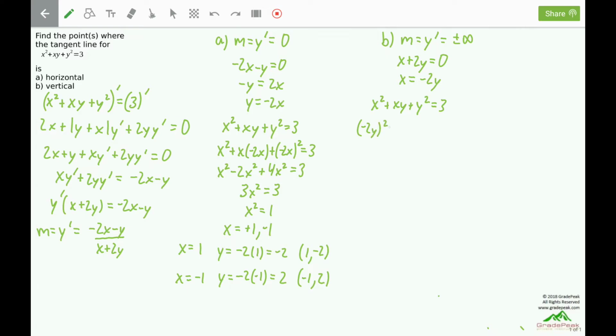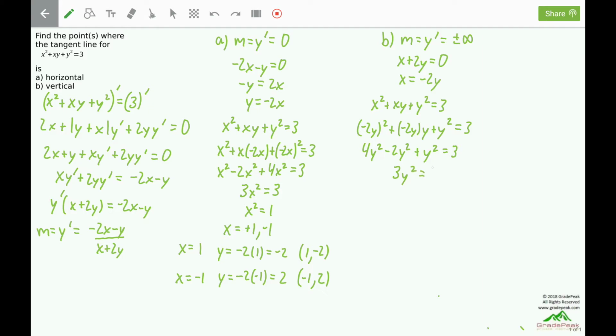Negative 2y squared plus negative 2y times y plus y squared equals 3. Negative 2 squared is a 4, y squared. A negative 2y times a y is a negative 2y squared. And then plus y squared equals 3. When combining all the terms together on the left, we have a 4 minus a 2, which is a 2, plus 1, which is a 3.